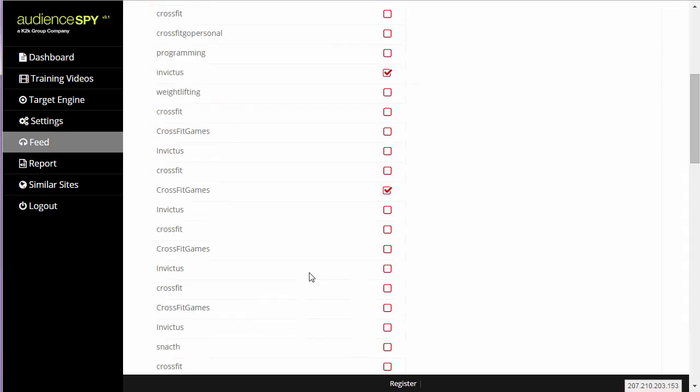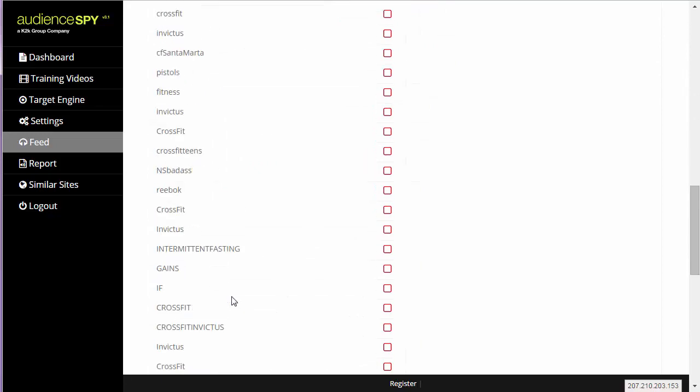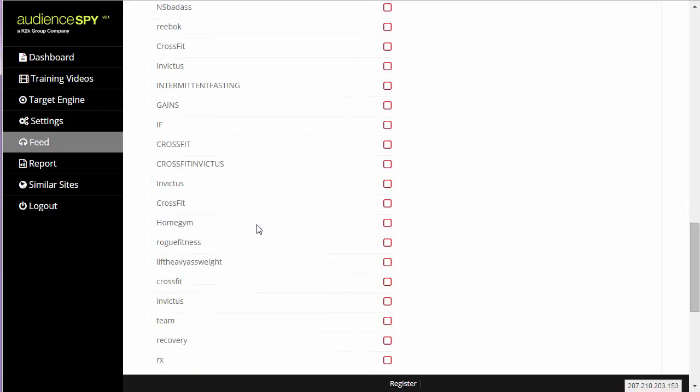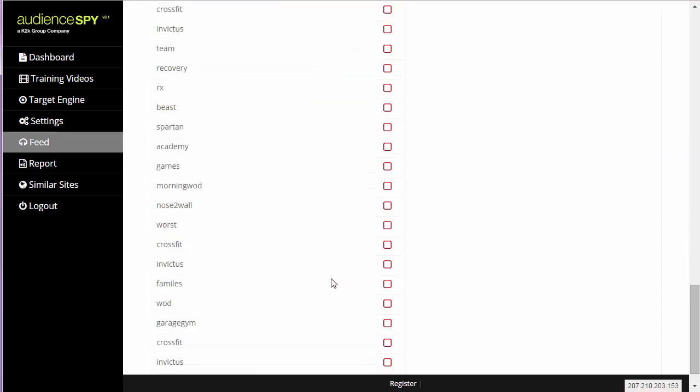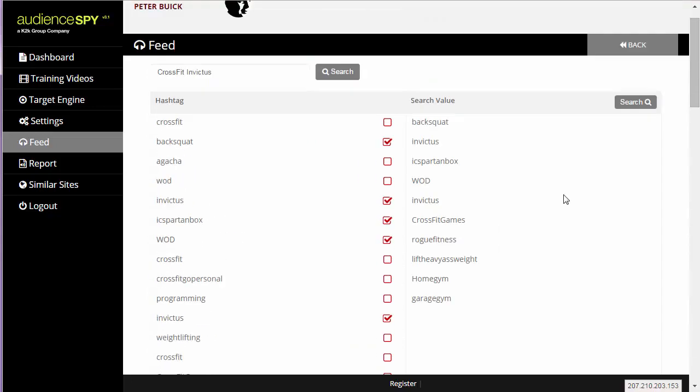CrossFit Games they've been talking about. San Diego is obviously important for some reason. Fasting, won't put that in. Home gym, obviously, that's interesting. So Rogue Fitness, that was one of the ones we had, but anyway. I'll put home gym in just in case. Garage gym. Okay, so this is all the things they've been talking about, and we can search on those terms.